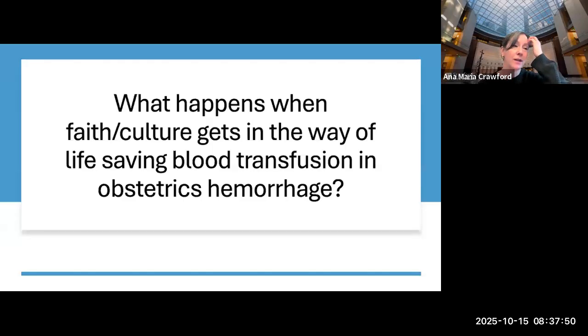Okay. So knowing that it is very high risk and deadly sometimes in our obstetric patients, what happens when faith or culture get in the way of life-saving blood transfusion in obstetric hemorrhage? Dr. Kimani, I'm going to let you take this answer.